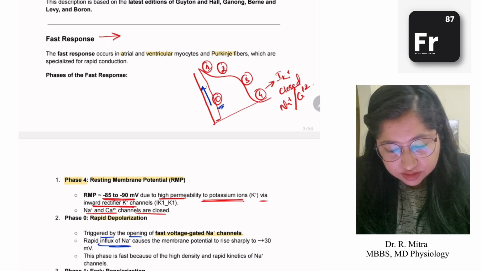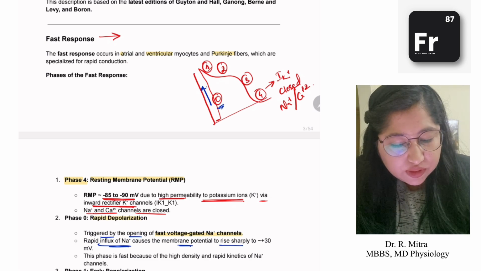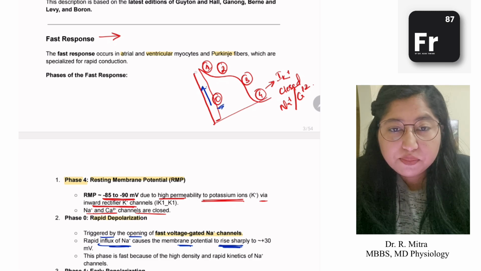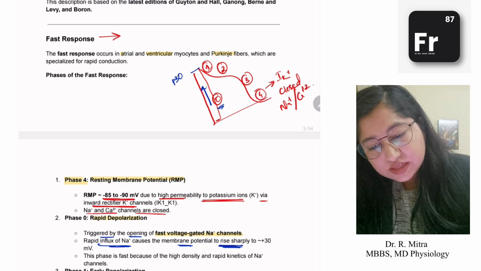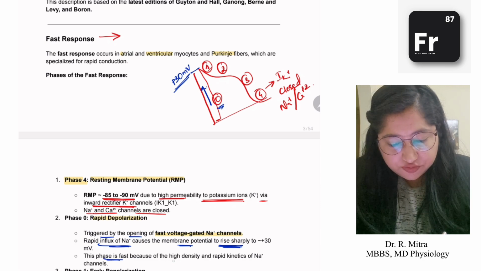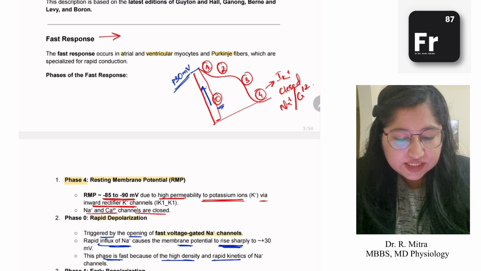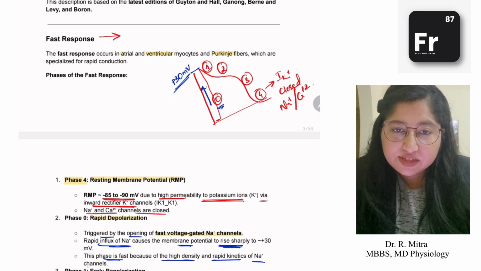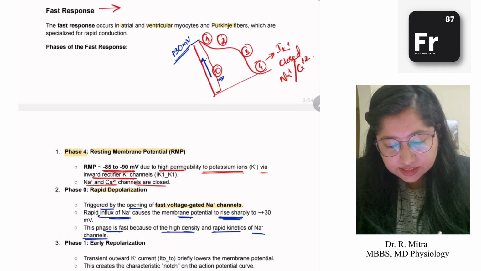The rapid influx of sodium causes the membrane potential to rise sharply to +30 millivolt. This phase is fast because of high density and rapid kinetics of sodium channels.